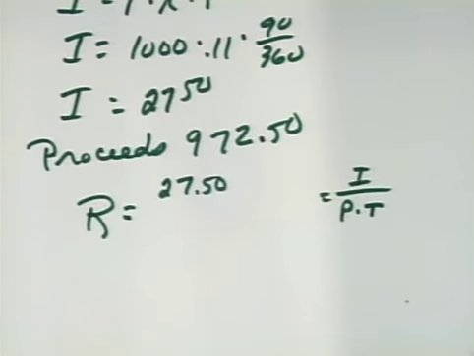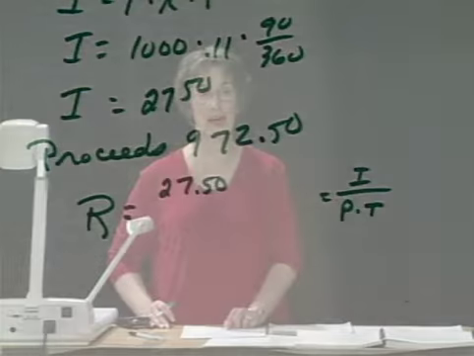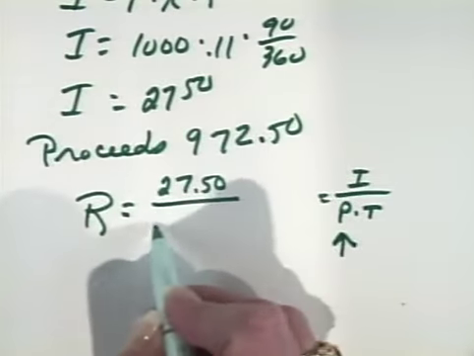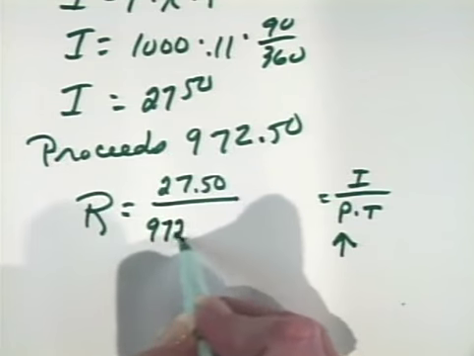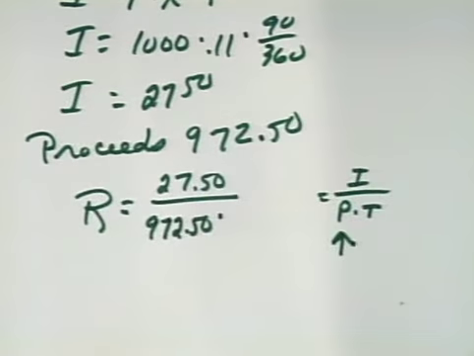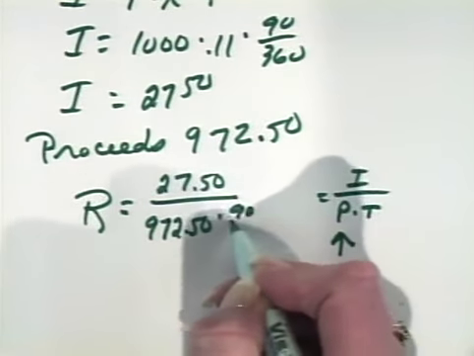And when we're using APR, what we want for principal is the proceeds, the true amount of money that you had to work with, because we're getting a true rate, and we want the true amount of time that you had to work with it. The true amount of money that you had is $972.50 to work with. The amount of time that you had that money was 90 days.